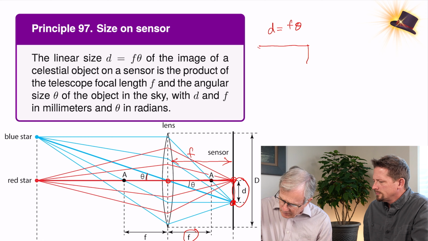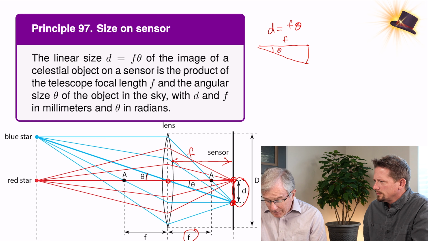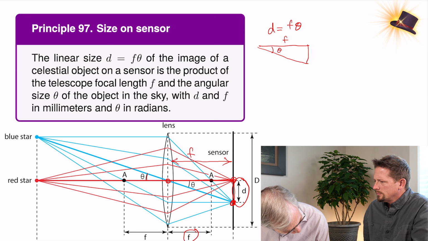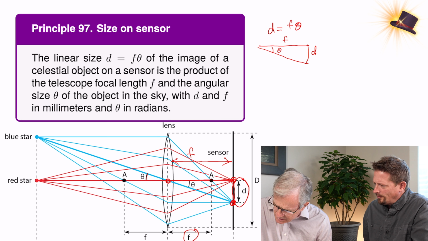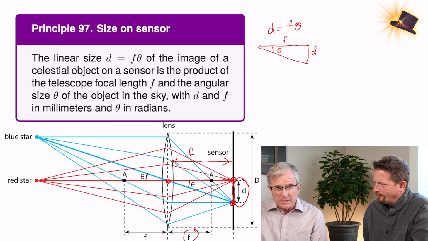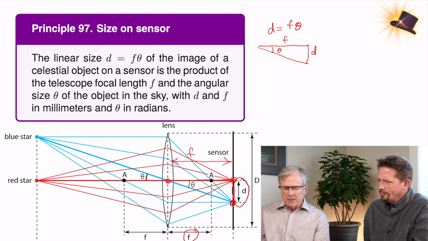So you've got a triangle with an angle theta, and the image distance, which equals the focal length because those two coincide, and the size of the image on the sensor.